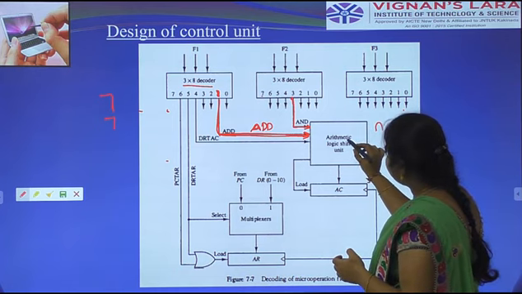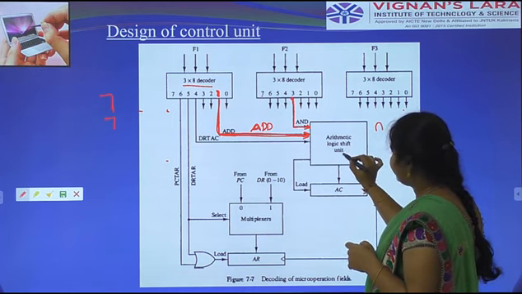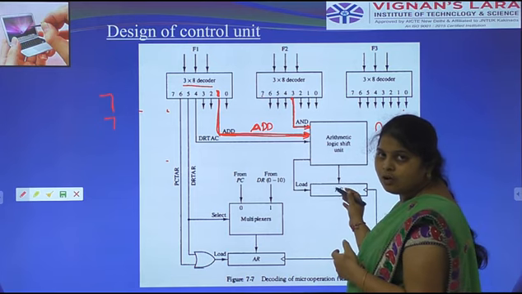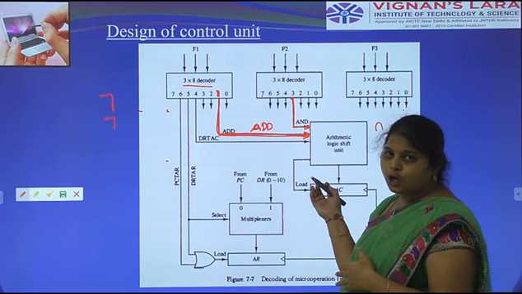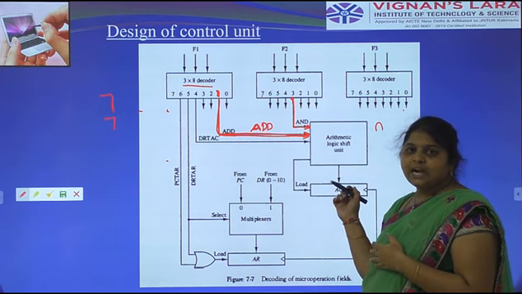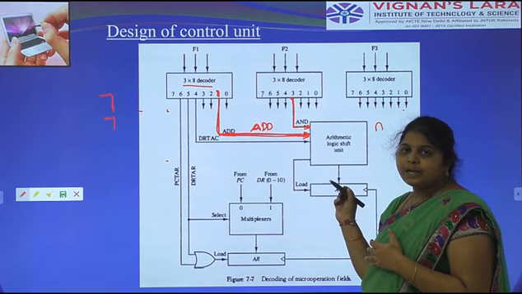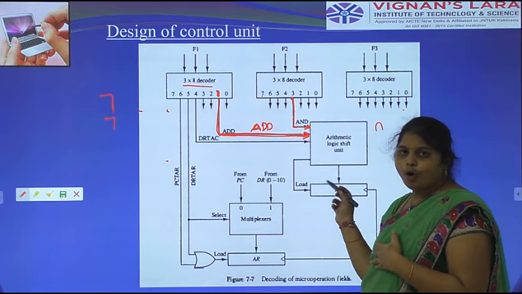Okay, already we know about the arithmetic logic shift unit. It performs arithmetic operations, logic operations and also shift operations. What are the arithmetic operations? Increment, decrement, add, subtract, multiply, division. Okay, these are the arithmetic operations.